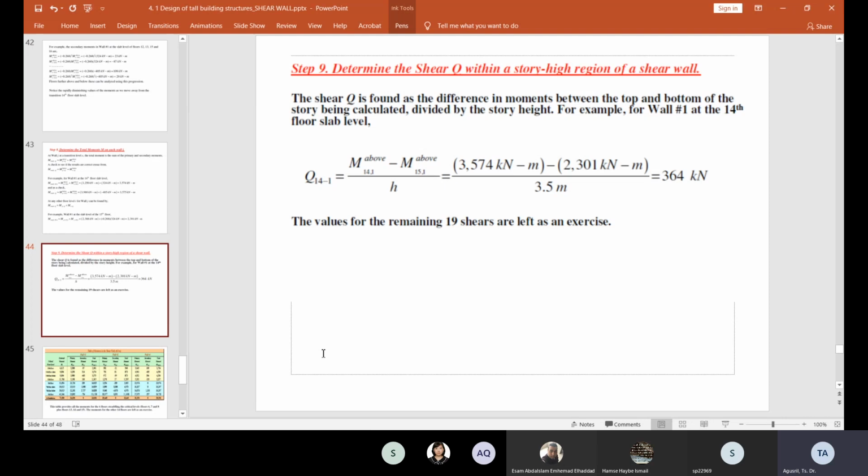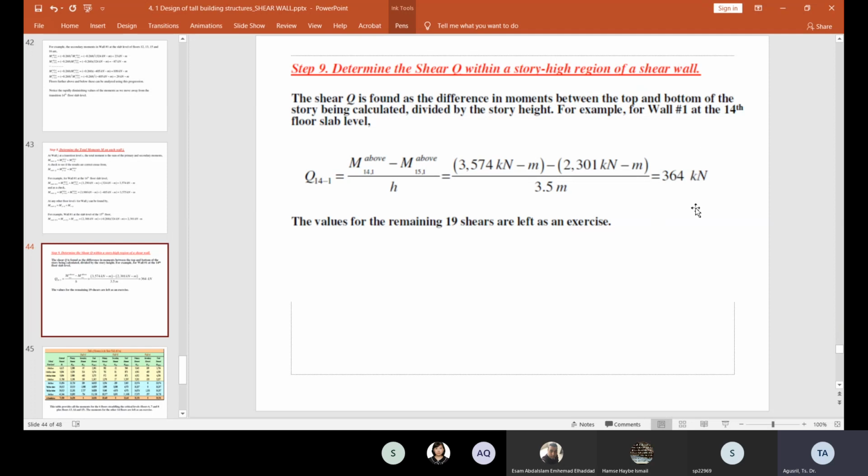So you can see this equation. The shear at level 14 equals the moment above 14 minus the moment above 15, means the difference divided by h. So we have the shear inside the wall is 364 kilonewton.